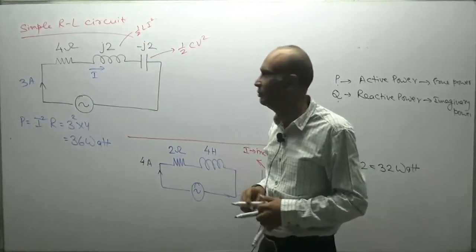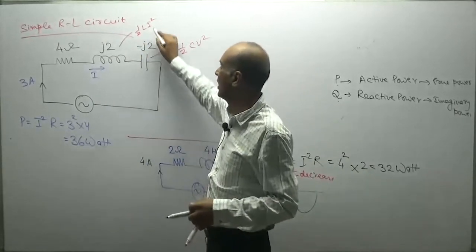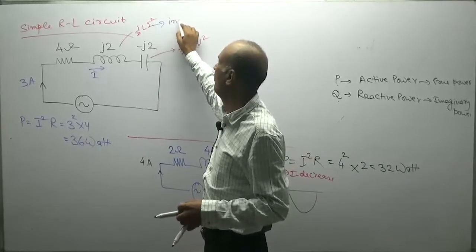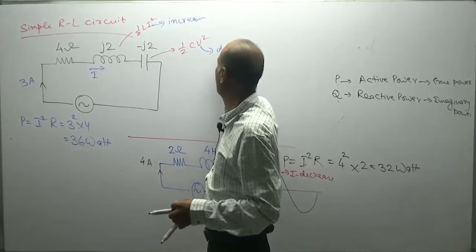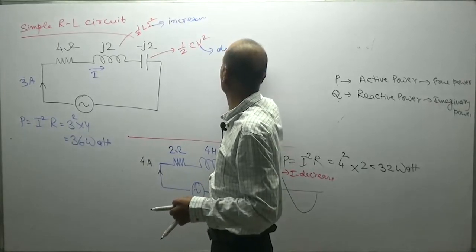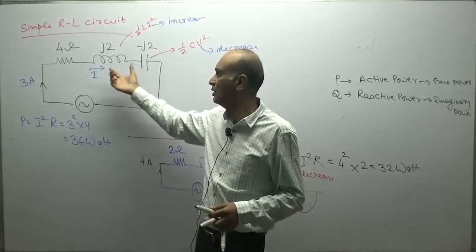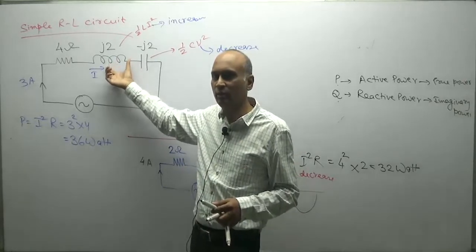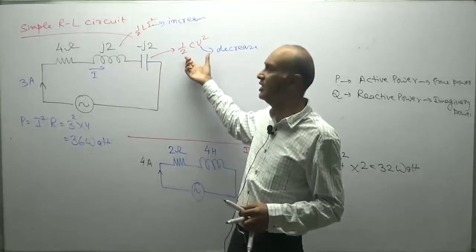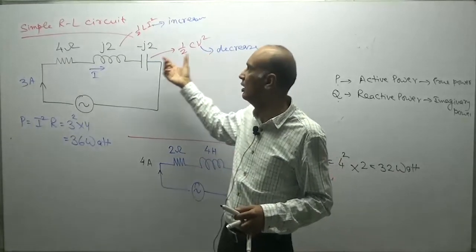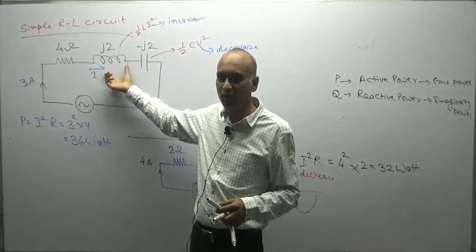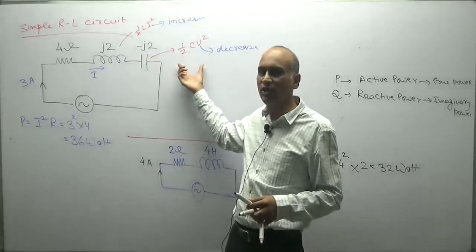So what will happen when this current is increasing? Voltage across the capacitor will decrease. So when the inductor stores the energy, it will release the energy in the next quarter cycle, and then it will store the energy again.